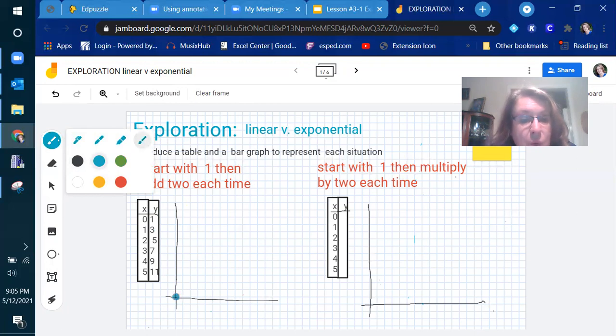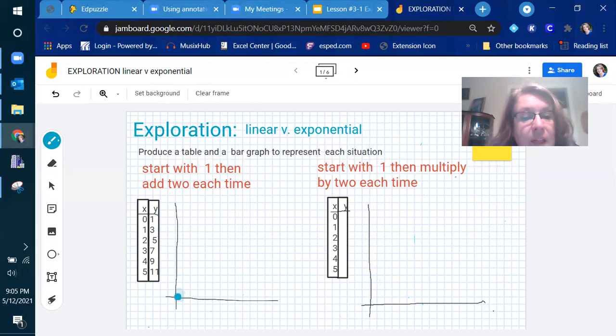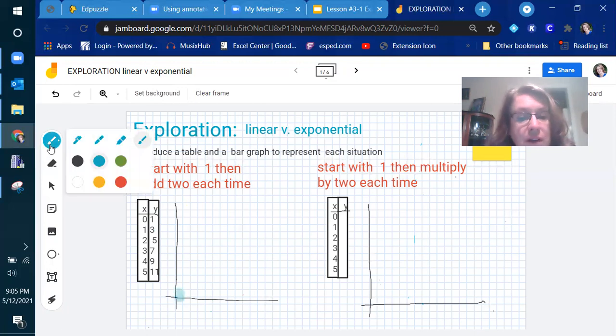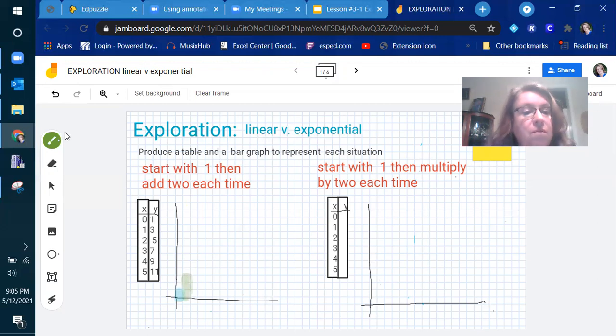I'm going to start with 1 square. Why is that marking? Maybe I need something darker. Then I'm going to add 2. I have to use a different marker, it's hard to see. I thought I had found the one that you could see.